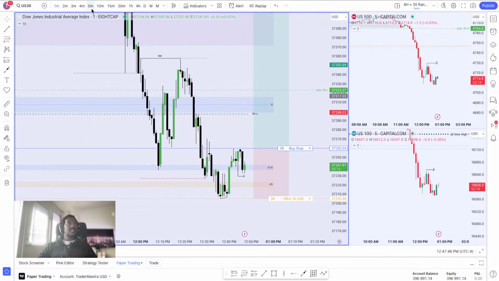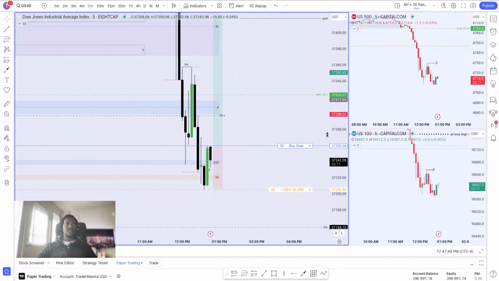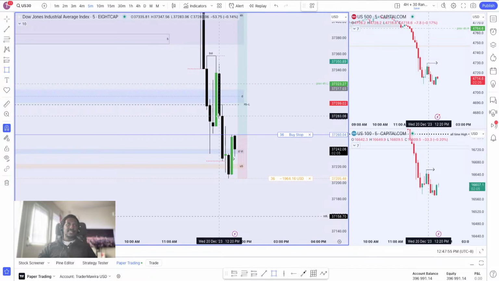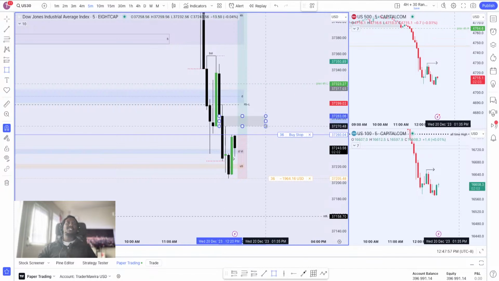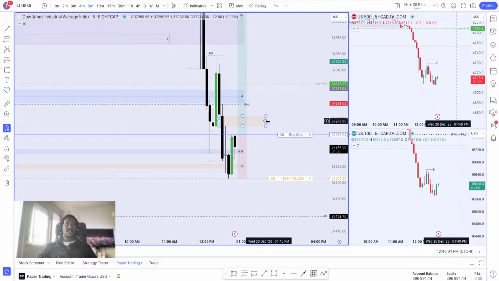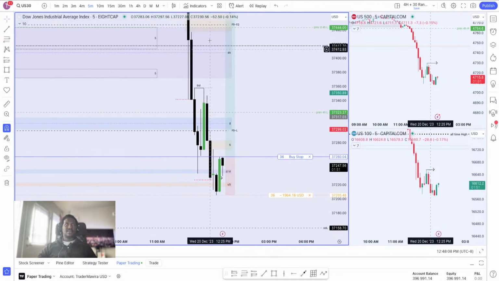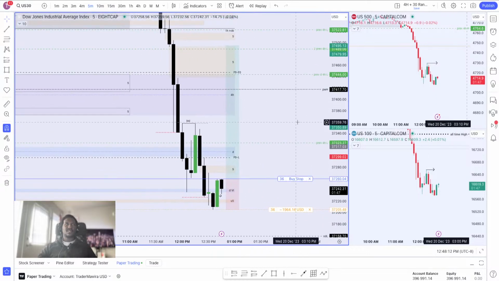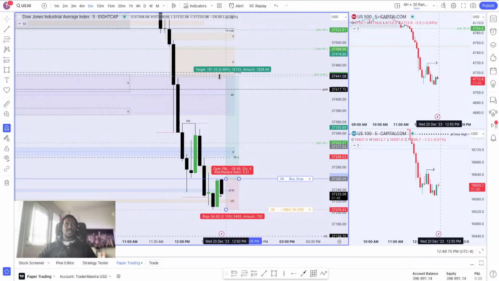Okay, let me look at the 5 minute real quick. Oh, look at this, guys. We do have a 5 minute situation here. I don't like to see these 5 minute gaps just near my entry. I prefer they're way up here, kind of like how we have this one. It would be a nice place to take something off.